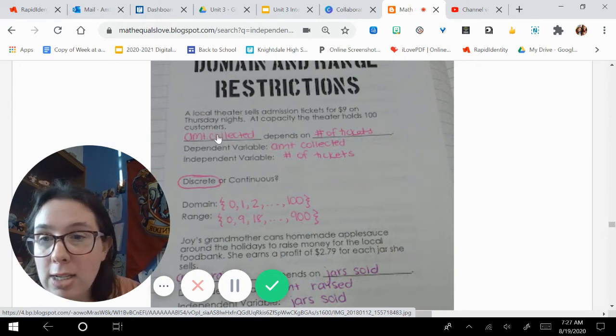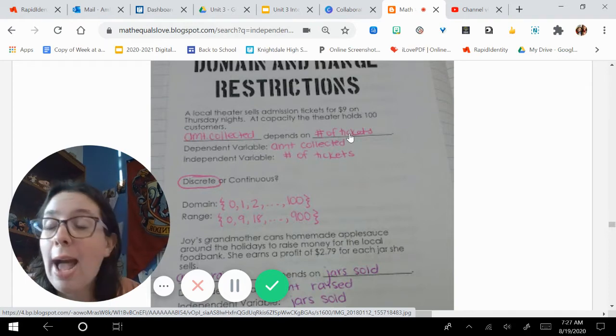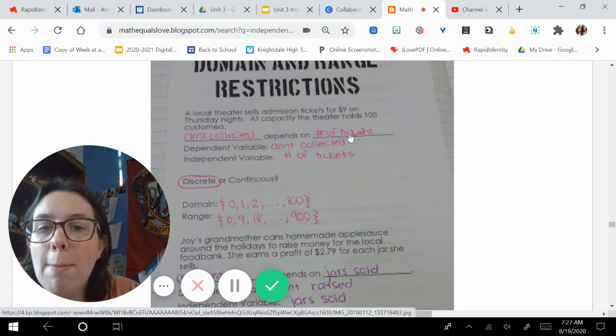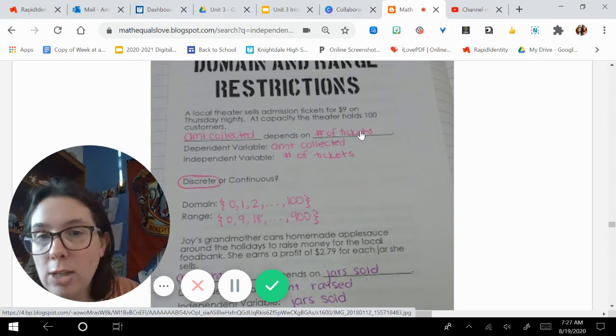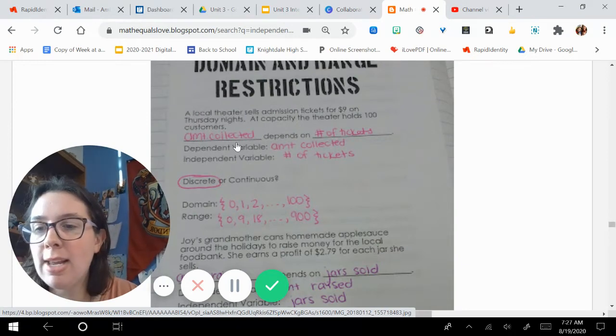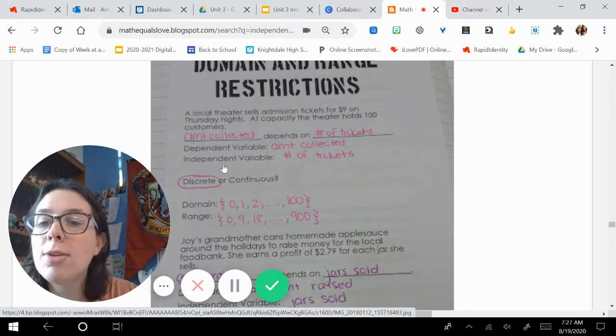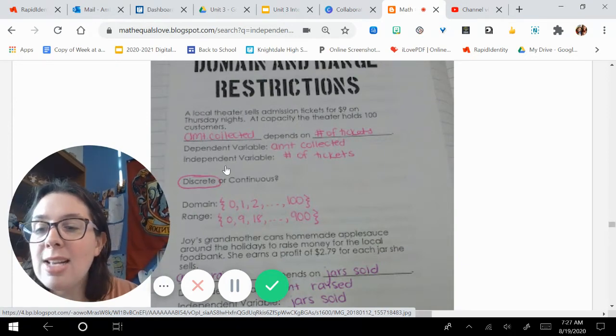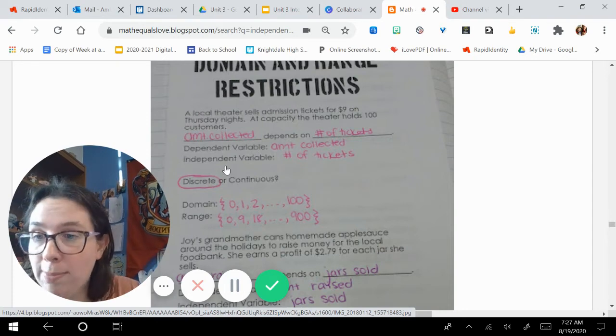So money depends on tickets, or customers, because a ticket represents a customer. So the dependent variable is the amount collected, the money, because that's going to change depending on how many people buy a ticket. And the independent variable is the number of tickets or the people.